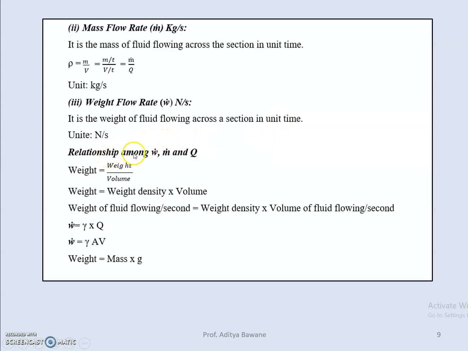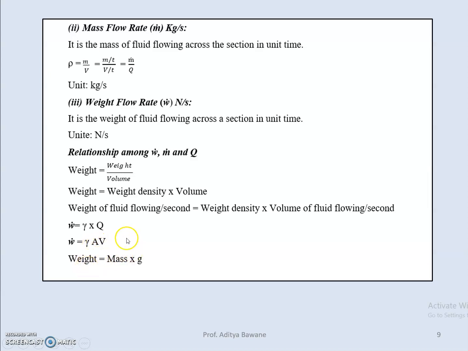The relationship amongst weight flow rate, mass flow rate and discharge: weight density into volume, so the weight of fluid flowing per second equals weight density into volume flow rate. So basically weight flow rate equals gamma into Q, so gamma into A V.